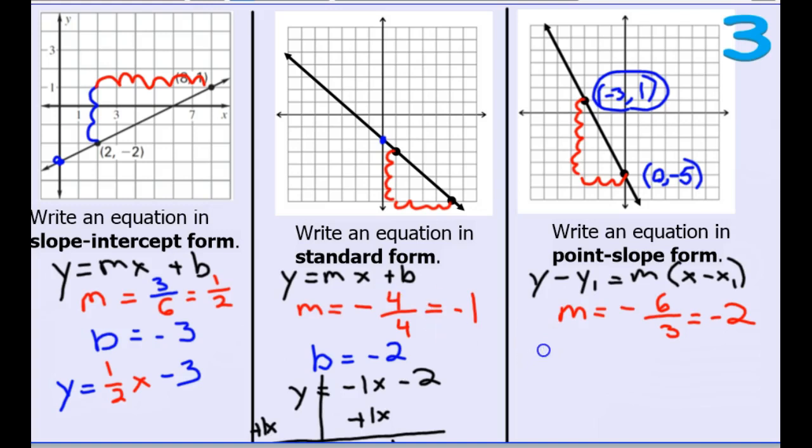So we could have y minus y1. Well, our y1 then would be 1. So y minus 1 equals our m, which we found to be -2, times our x minus x1, which we found to be -3.